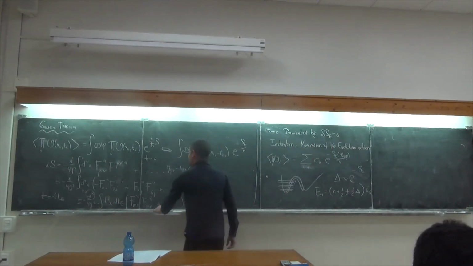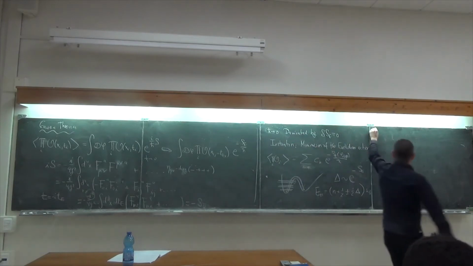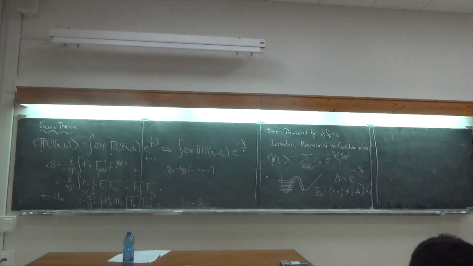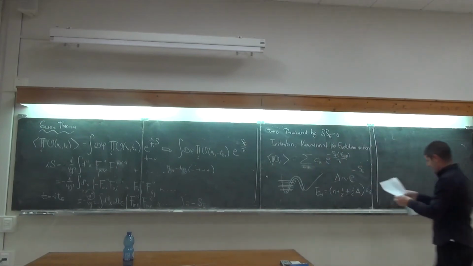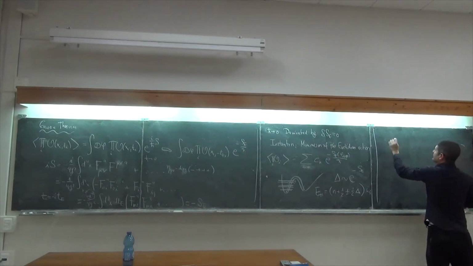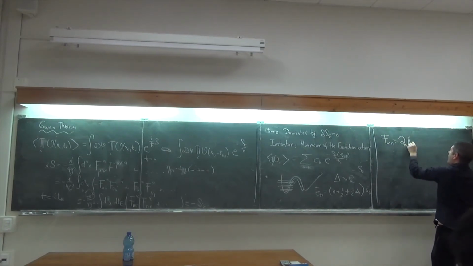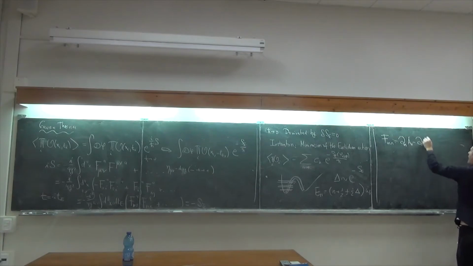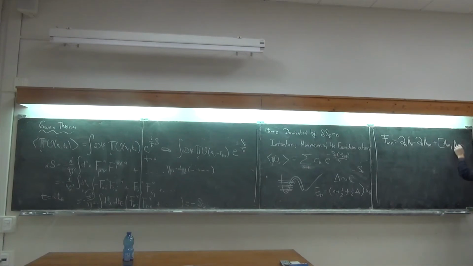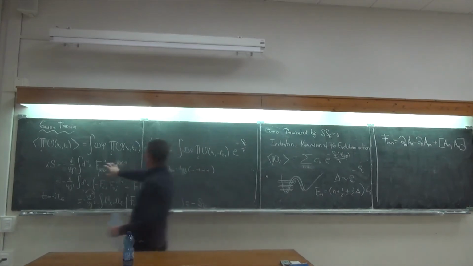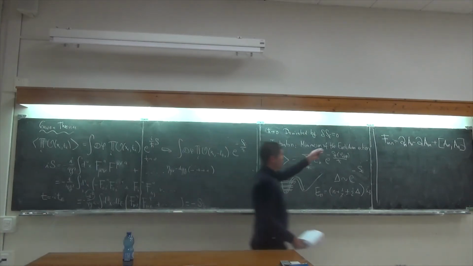Okay. Now we go to gauge theory. The first thing that we should write is the equation. Let's define what is the field strength of a gauge field. A is now in a group.